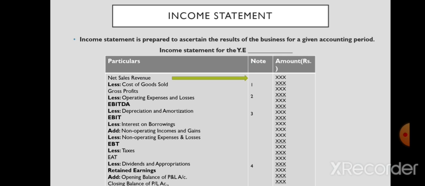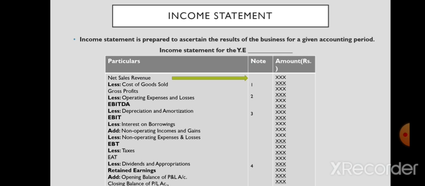Deduct interest on borrowings, which we also calculate under note 3 of Schedule 4 of the Companies Act. To this we will add non-operating incomes and gains, maybe interest on investment, profit on sale of assets, etc. And from that we will deduct non-operating expenses and losses, that is loss on sale of assets, etc.